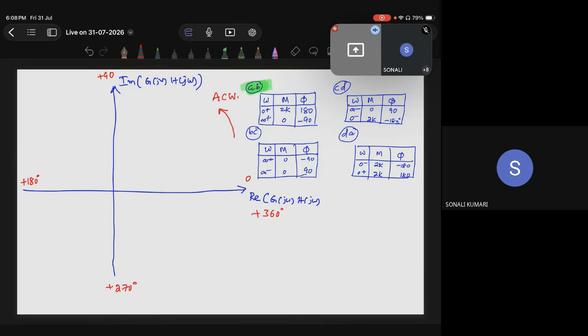Is it clear? Obviously, what are the angles in the clockwise direction? 0, then minus 90, minus 180, and minus 270. Clear?